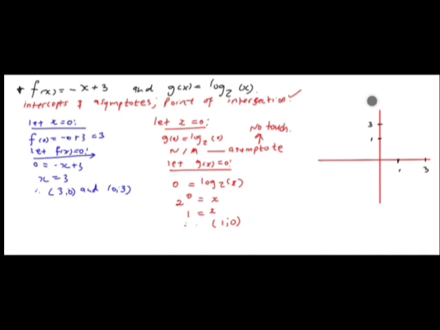So we know that the asymptote will be somewhere here. That's to say that x is equal to 0, since there's nothing there. So you could kind of highlight that. But then of course the function will move something like that. It has x-intercept 1 there.